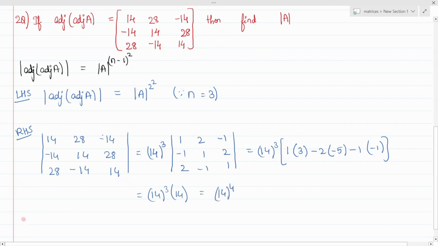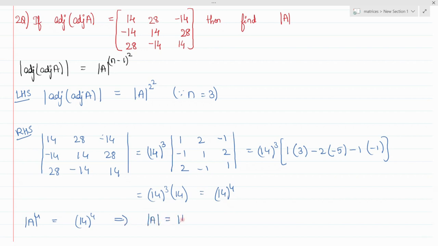Now equate LHS and RHS: determinant of A power 4 is equal to 14 power 4. From this, determinant of A is 14. So 14 is the required answer for this question.